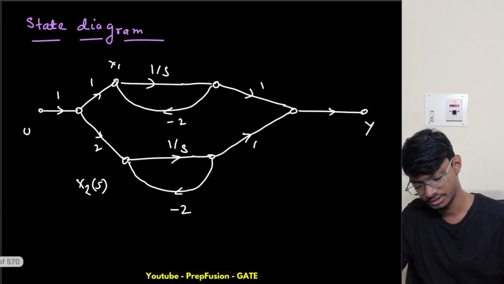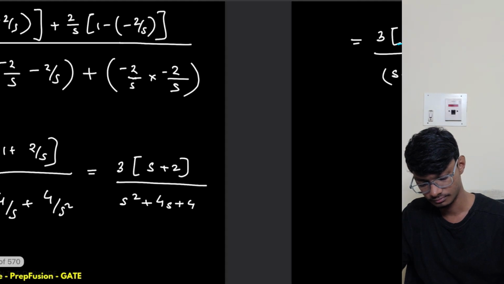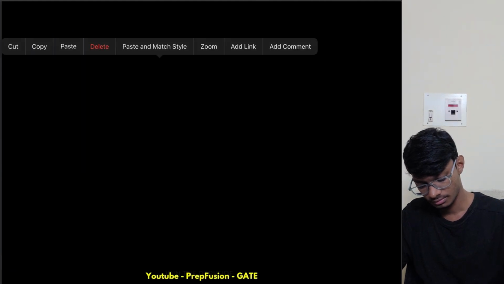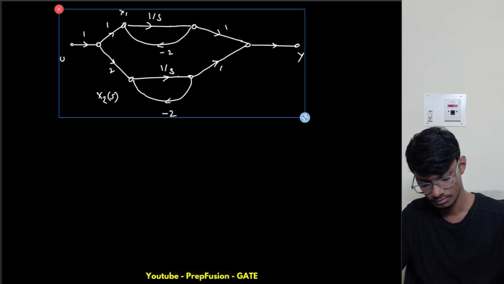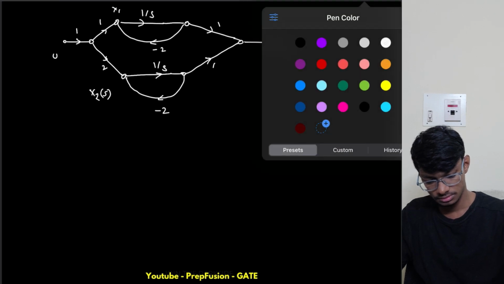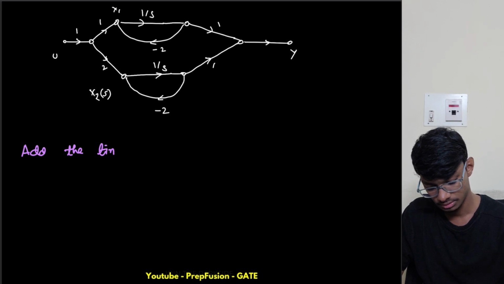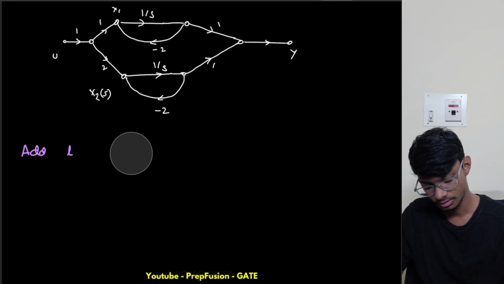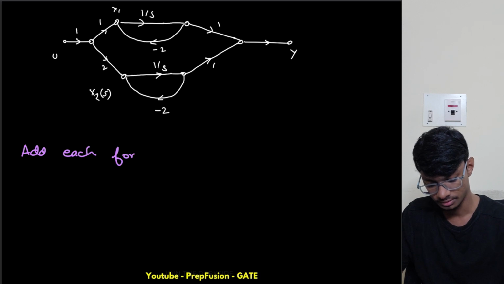I'll first copy the state diagram. Things are in parallel, so add the things in parallel at each forward path.